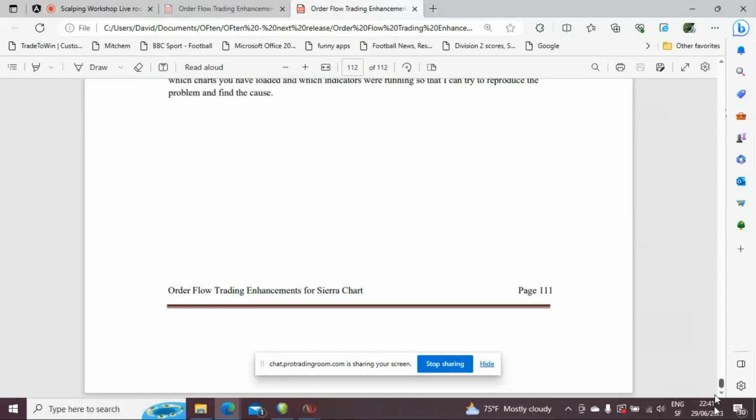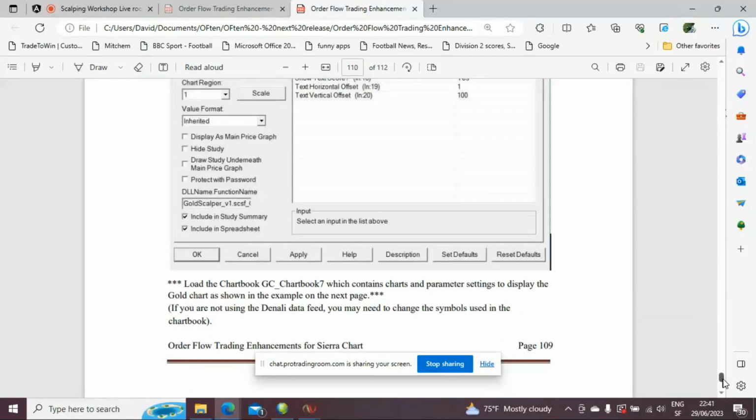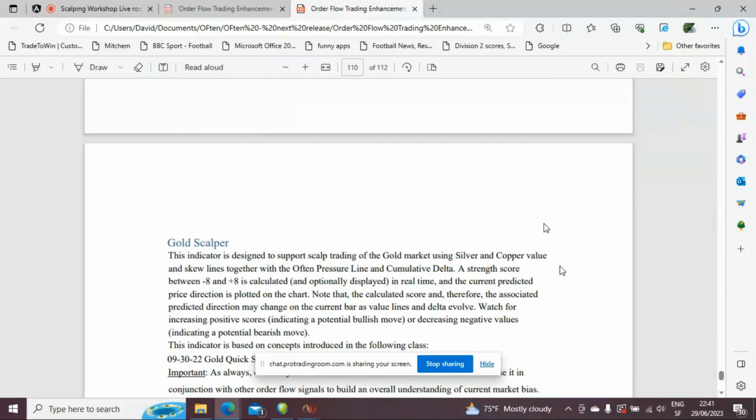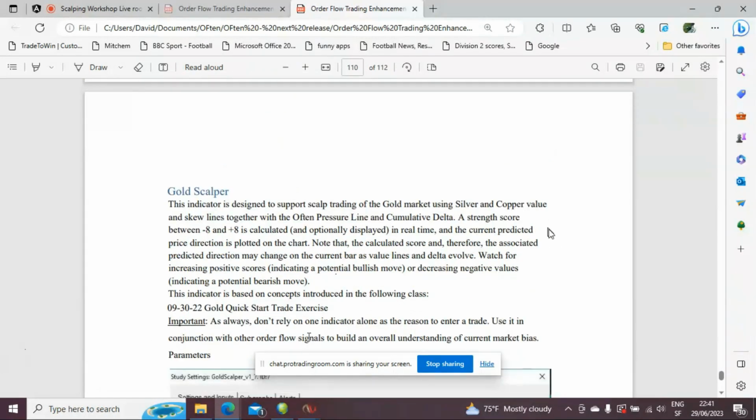That's available for all the indicators, right down to the most recent stuff. So a full description. And where we have it, there are links to the recording of where Ray covered that particular trade exercise, so you can follow up with the recording, and that will help you implement the indicator even more effectively.